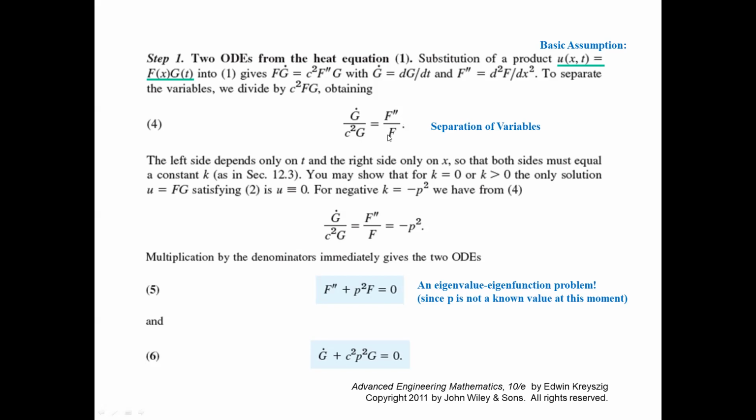Then we are ready to solve. If we look at this equation, one side depends on x only. The other side depends on t only. But this equation must be satisfied over a wide range of x and t.